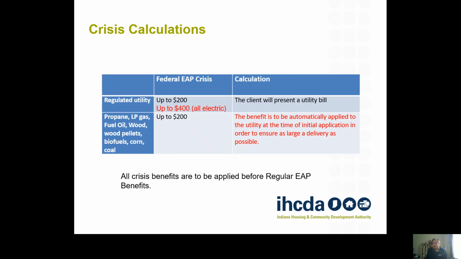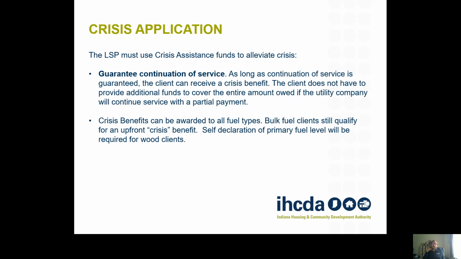For the biofuels, bulk fuels, our unregulated utilities, for the purposes of our definition in the manual, the benefit is to be applied automatically to the utility at the time of initial application in order to ensure as large a delivery as possible. And once again, as last year, all crisis benefits are to be applied before applying the regular EAP benefits.